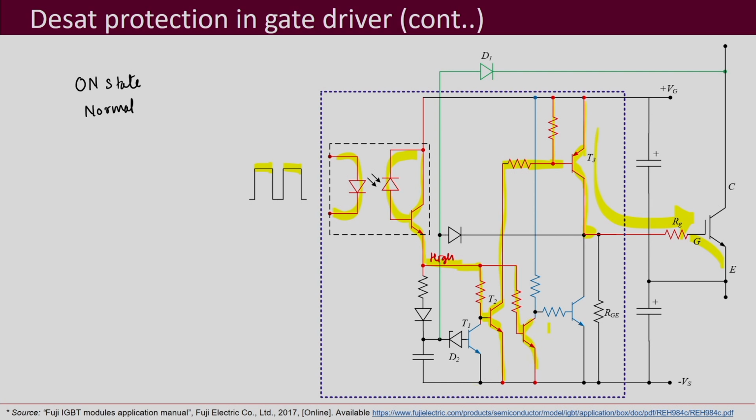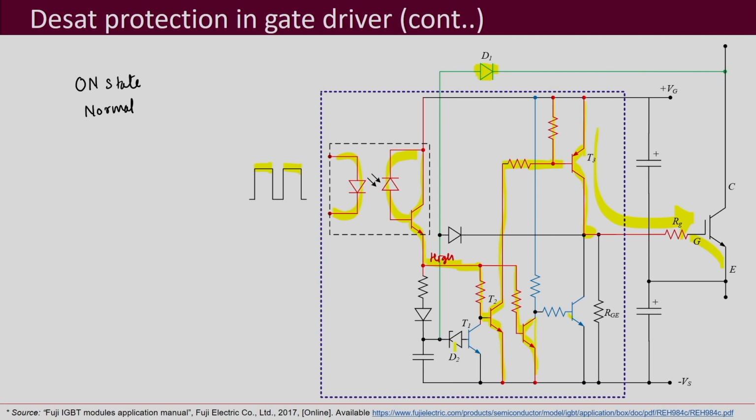this is pulled down. If this is pulled down, what will happen? This lower transistor will turn off, so it does not conduct. And here what we see is that this diode is going to be conducting now, it is forward biased, but it is normal operation.